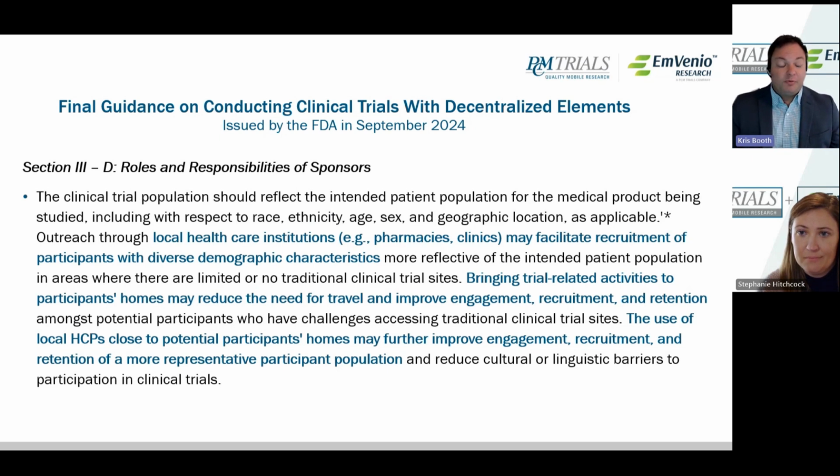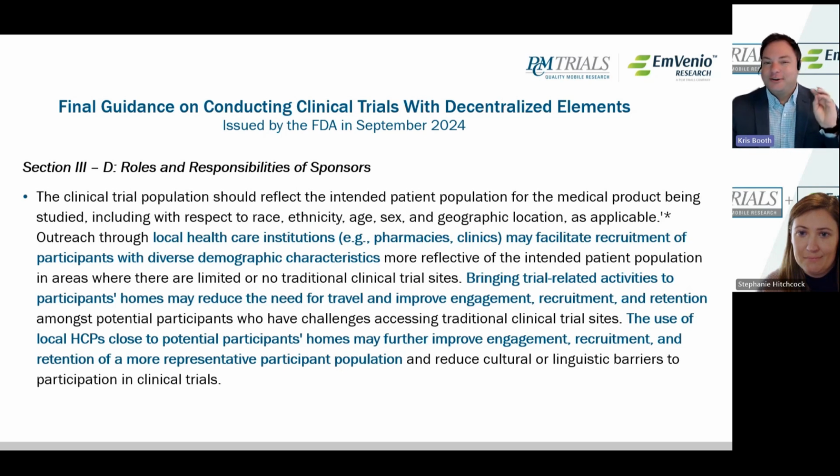So it takes a group that's really being penetrated into these areas, right? Into where these patients actually reside, into where they live, into where they work. And bringing those related activities into those areas reduces travel, improves engagement, which improves your recruitment and improves your retention.